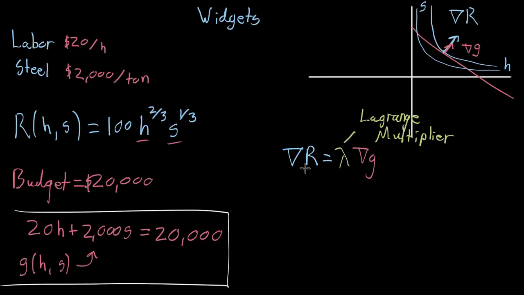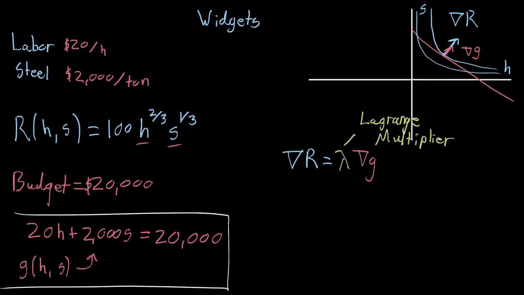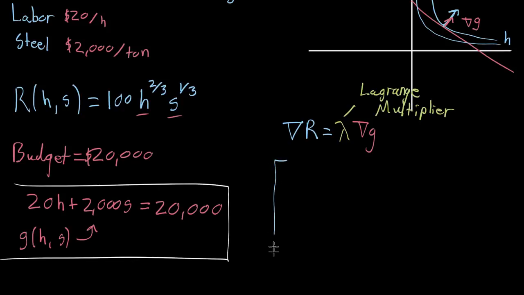So let's go ahead and start working it out. Let's first compute the gradient of r. So the gradient of r is going to be the partial derivative of r with respect to its first variable, which is h. So partial derivative with respect to h. And the second component is its partial derivative with respect to that second variable, s.